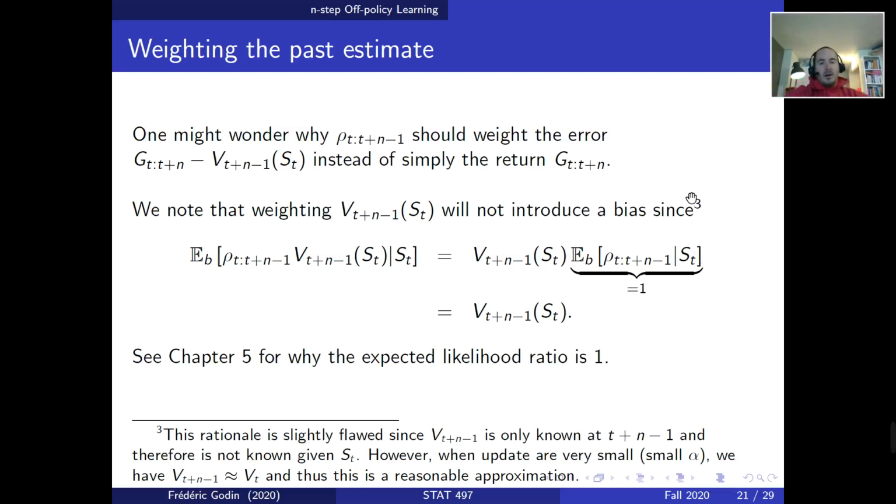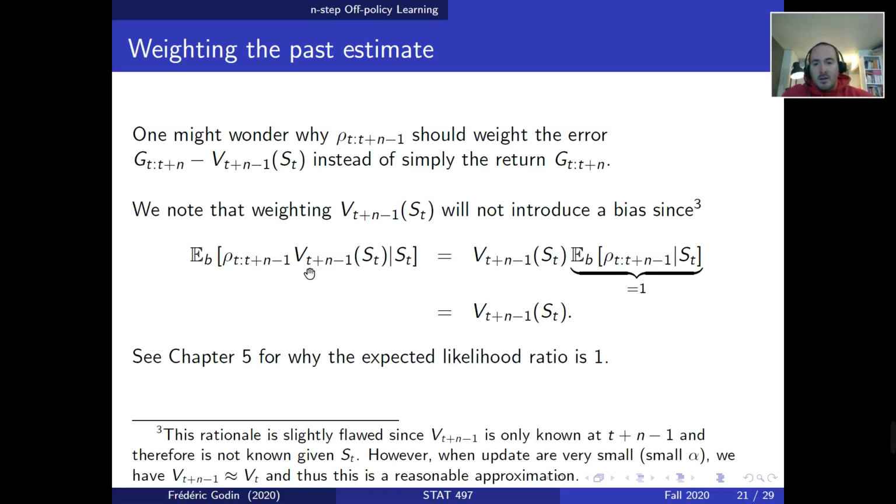Now, a quick note here, if we look at footnote 3, what we said earlier is that once we condition on S t, this is something that is known, so this term can be treated as a constant and taken out in front of the conditional expectation. Well, this is not entirely true in practice because although S t is known, this function, which estimates the value of state S t, changes through time. So this function is not yet known by time t, it's only known by time t plus n minus 1.